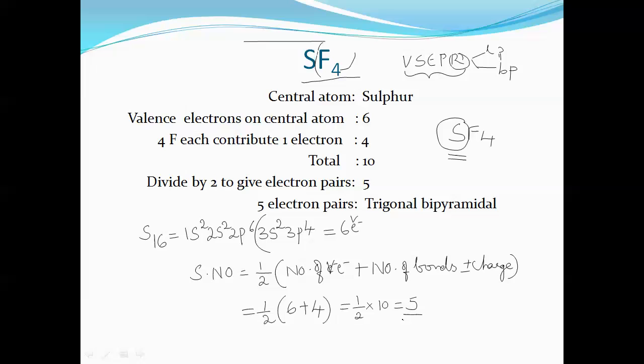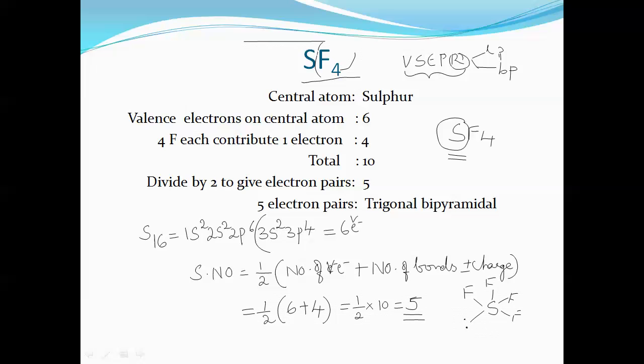This 5 means there are 5 orbitals around the sulfur. It is connected to 4 fluorines, and 1 is a lone pair of electrons.